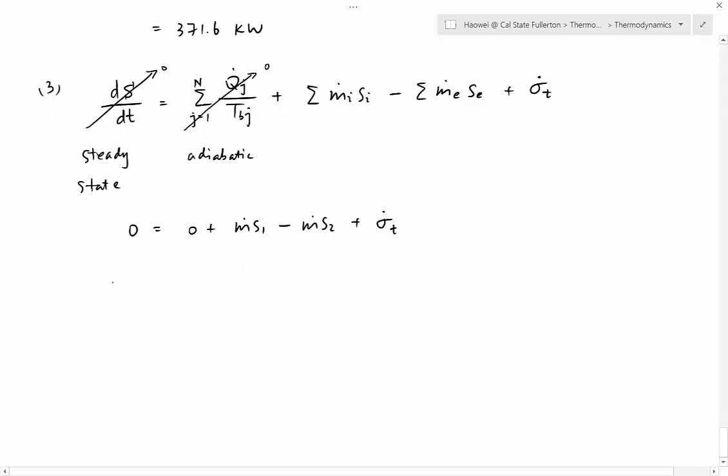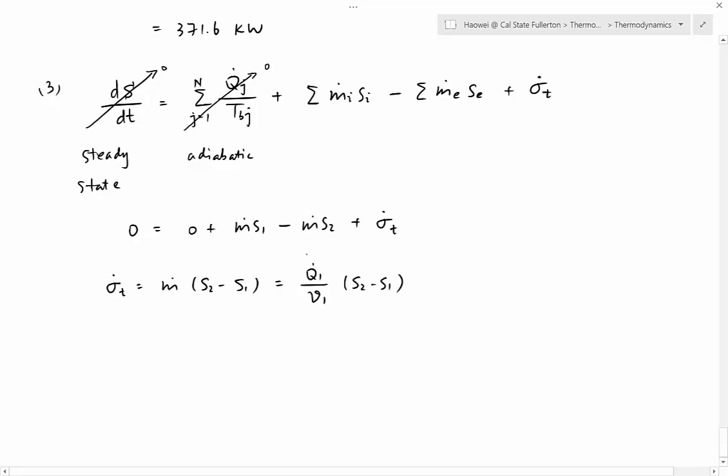Because we're looking for sigma dot T, move that term to the left-hand side alone. What is left is m dot times s2 minus s1. Do we have mass flow rate? Not directly. We can rewrite mass flow rate into volume flow rate, which is Q dot 1 over nu 1, just like before, multiplied by S2 minus S1.